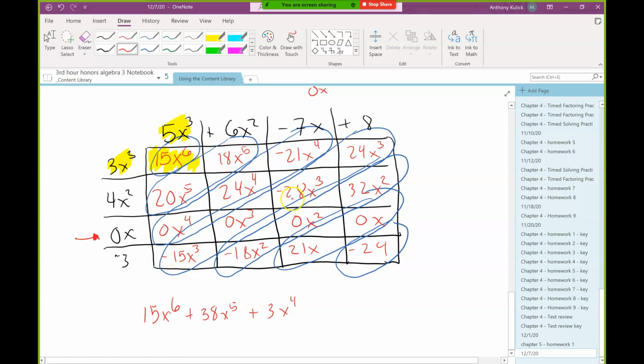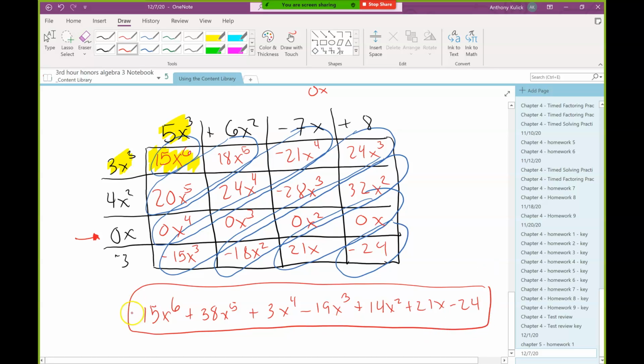Negative 15, negative 28, and positive 24 is negative 19x to the 3rd. Negative 18, 0, and positive 32 is positive 14x squared. 21 and 0 is 21, and negative 24 is just negative 24.